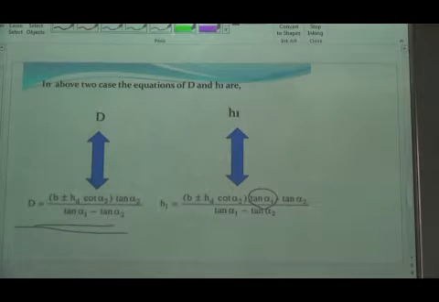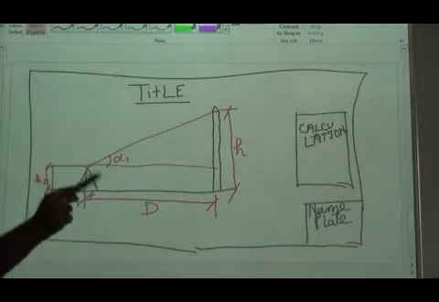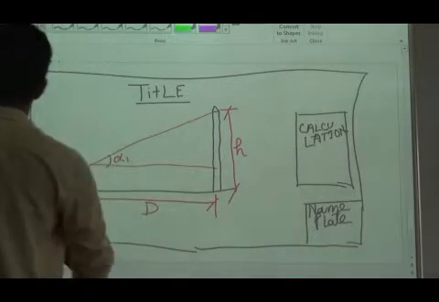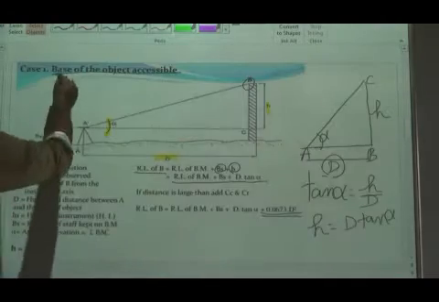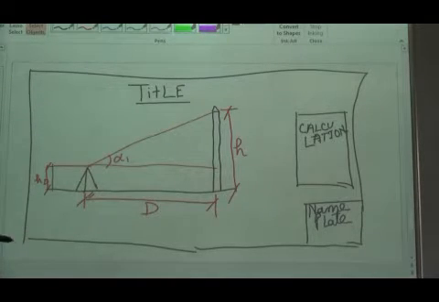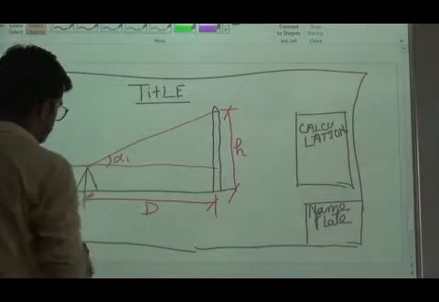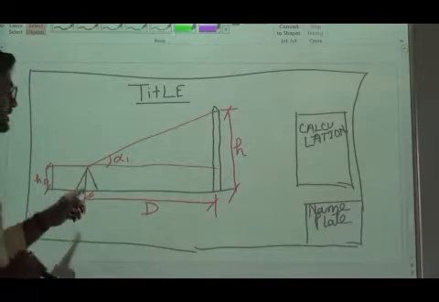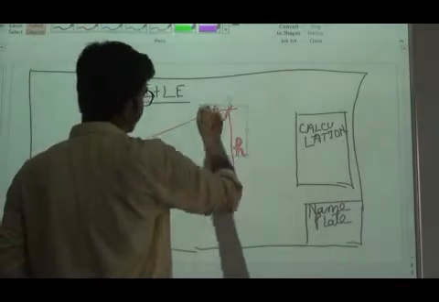Your drawing sheet will look like this. For the case where the base of the object is accessible, the drawing sheet will look like this. We have set the instrument here, the theodolite is set at height, and we have to measure the height of this building.